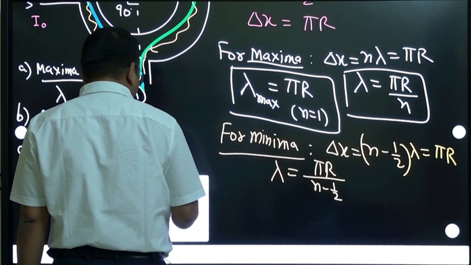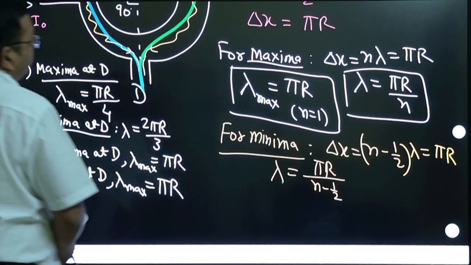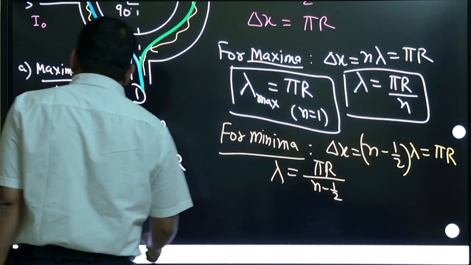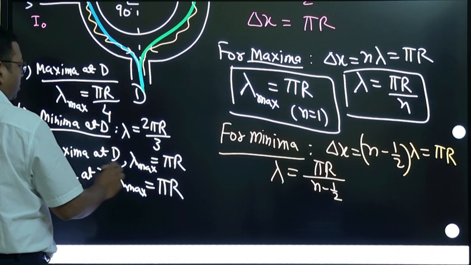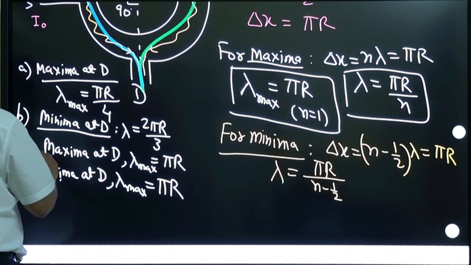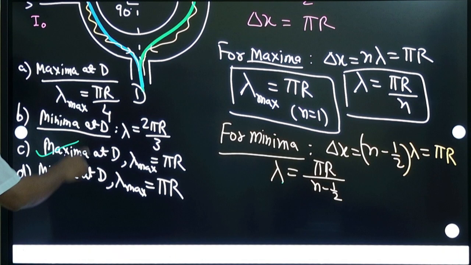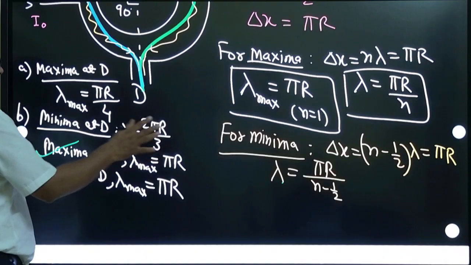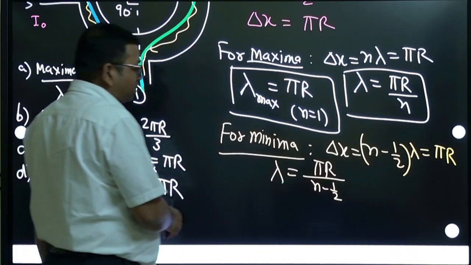So now here what they are asking for maximum, we have got the condition. What is the condition for maximum? Pi r. So option C is correct. Option C is correct. What about the minimum condition? Maximum wavelength, and this is any wavelength, meaning possible wavelength they have given.